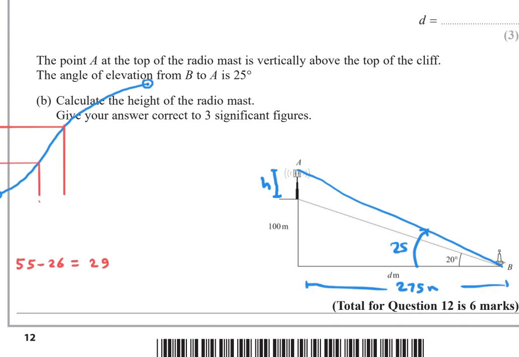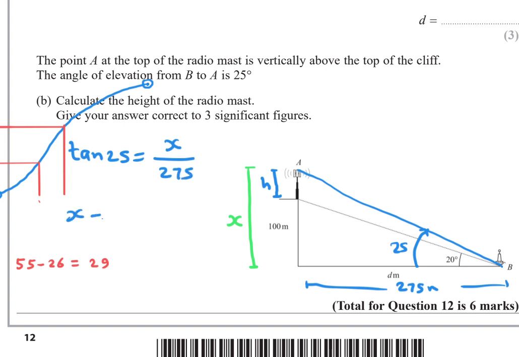So now from the right angle triangle we can find this distance. We can call this distance x. To find x, tan 25 equals x over 275.